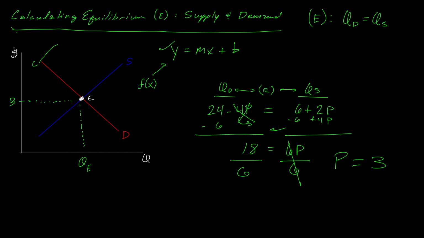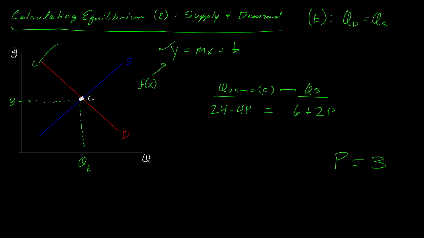Well, we'll back up real quick and just rewrite those. At this point, what we do is we just substitute the number 3 wherever we have price in either equation.